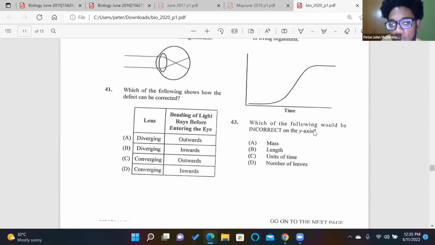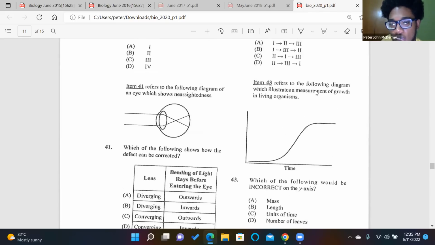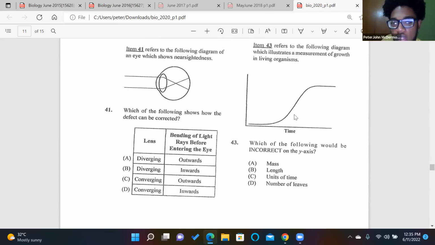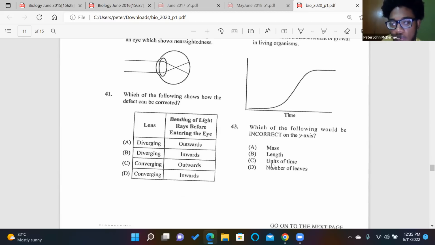So next, which of the following will be incorrect on the y-axis? This is a growth in living organisms graph. So yeah. What typically goes on the y-axis and what typically goes on the x-axis?